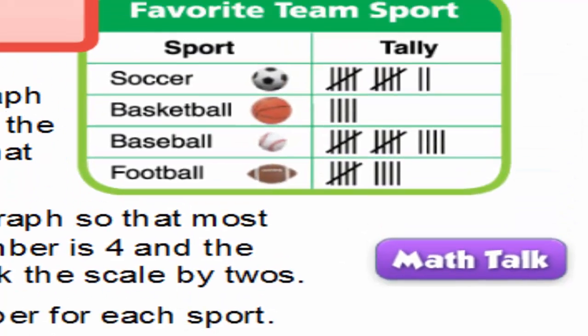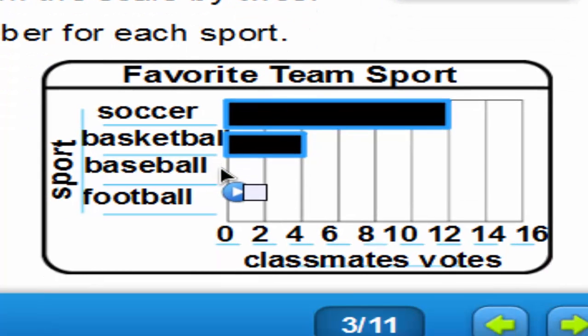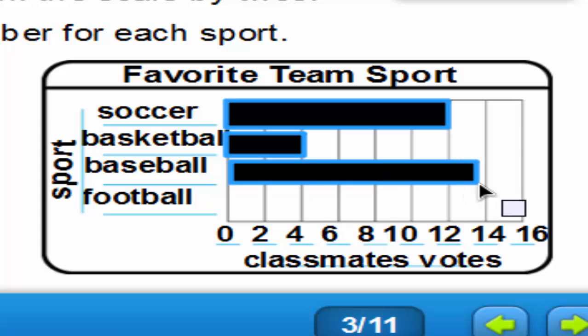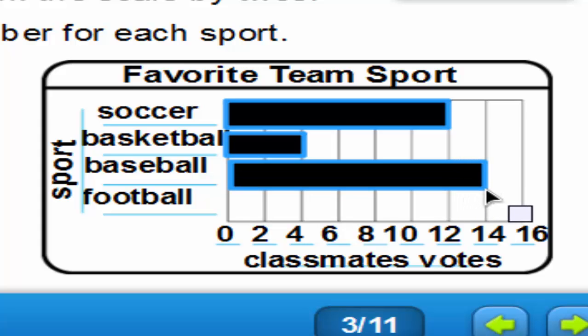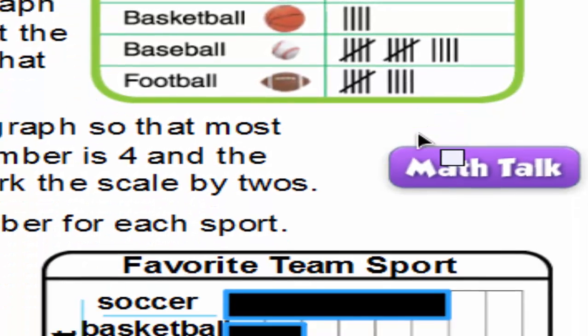Next, we count the votes for baseball. 5, 10, count by ones, 11, 12, 13, 14. Baseball, 14. So we make a bar to the line for 14. Then we go back and we look at football. There are 5, and then count by ones, 6, 7, 8, 9.